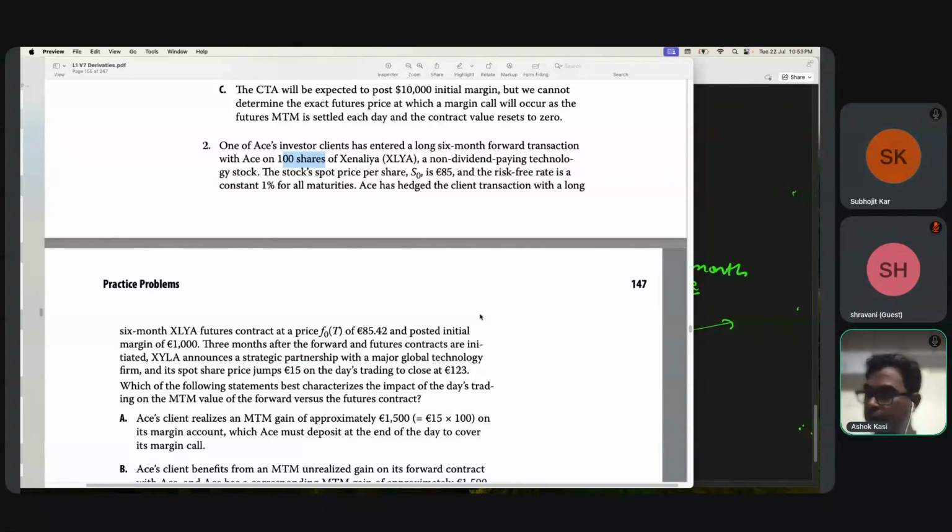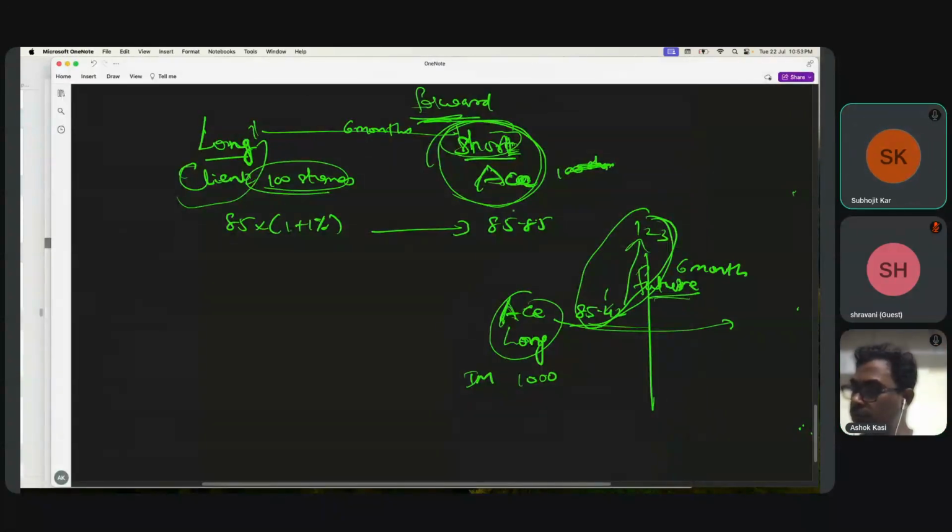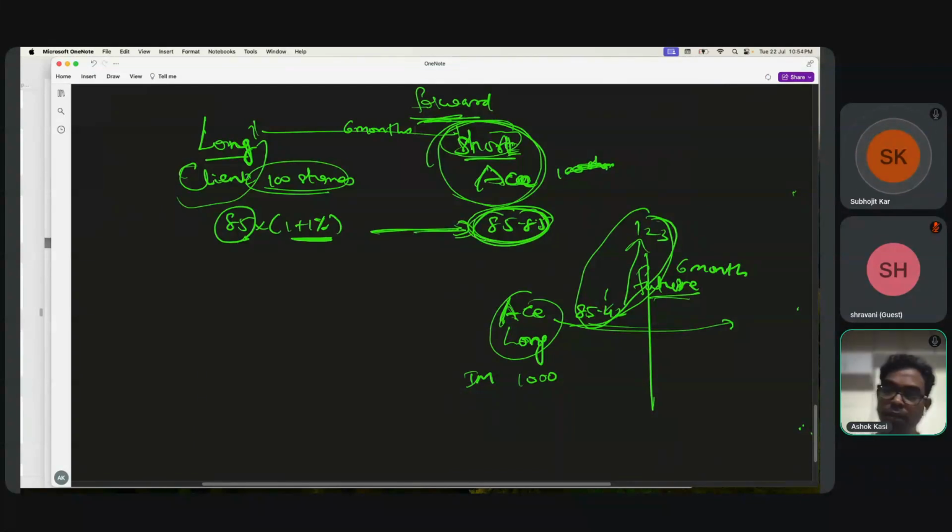Sir, in this sum they did not quote a forward rate, right? This is the forward price, and this is spot. The risk-free rate is given. So it's trading at 123 and the rate that they had fixed was 85.85.